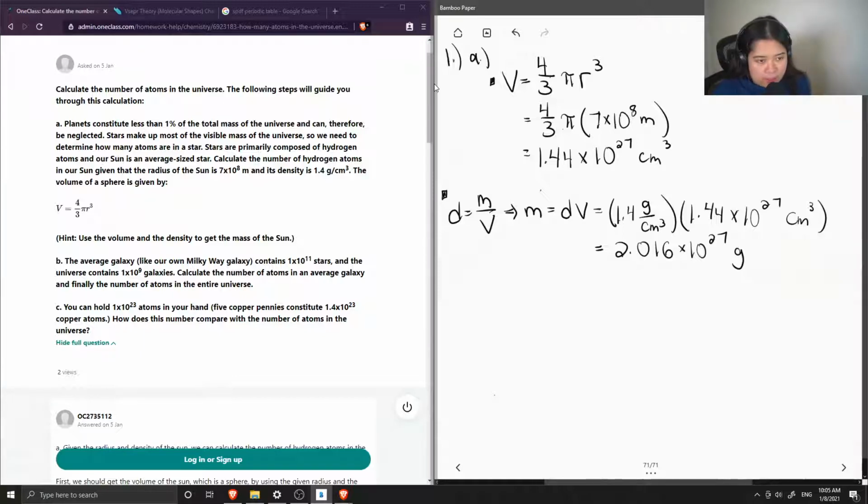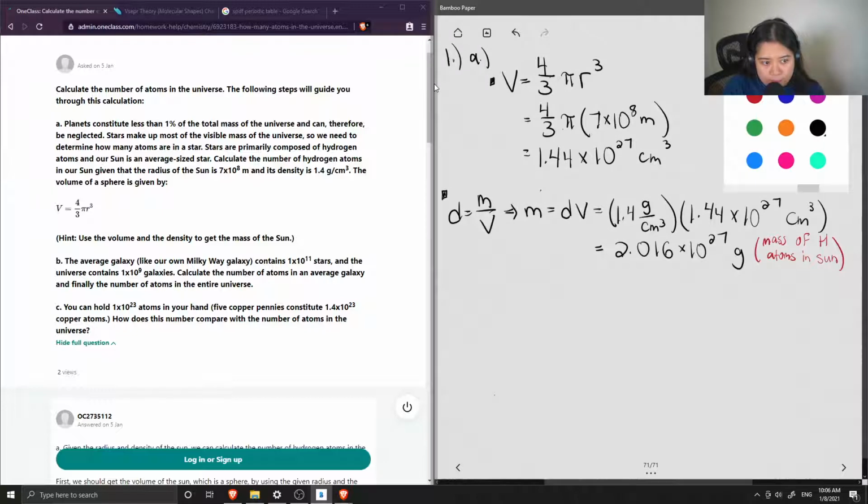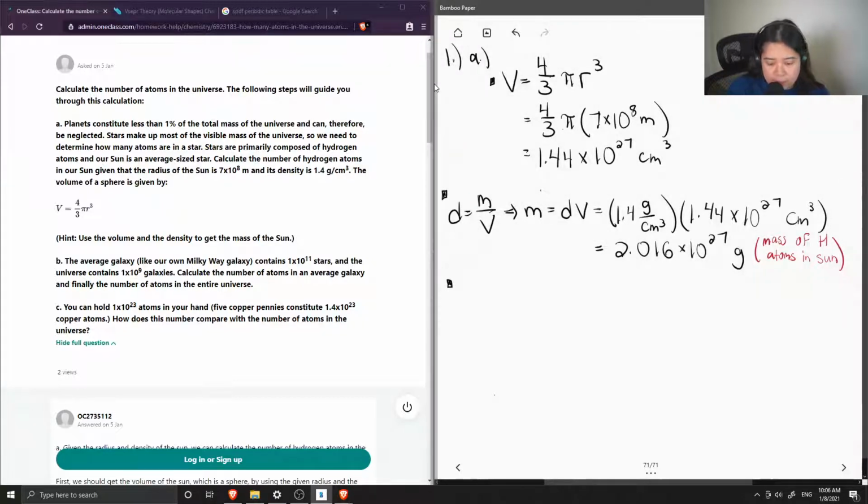And this is the mass of hydrogen atoms in the Sun. Okay. So we know the mass of the hydrogen atoms in the Sun.